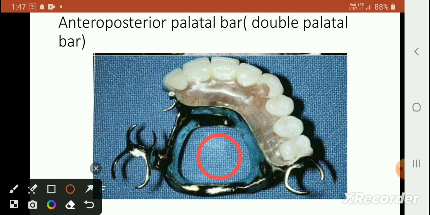In those cases, we consider this arrangement of maxillary major connector, that is anterior posterior palatal bar.